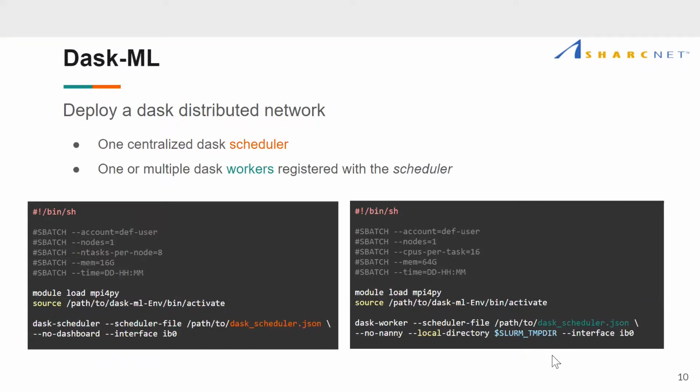You can submit multiple jobs to start multiple Dask workers on the cluster based on the resources you need. The Dask scheduler and Dask workers are not necessarily located on the same node. They could be any nodes on the cluster, as long as they share the same file system.